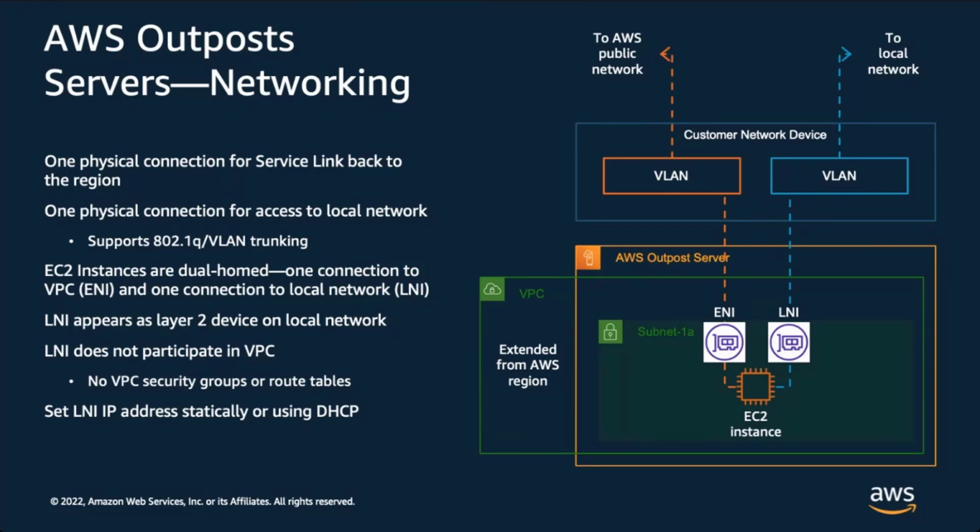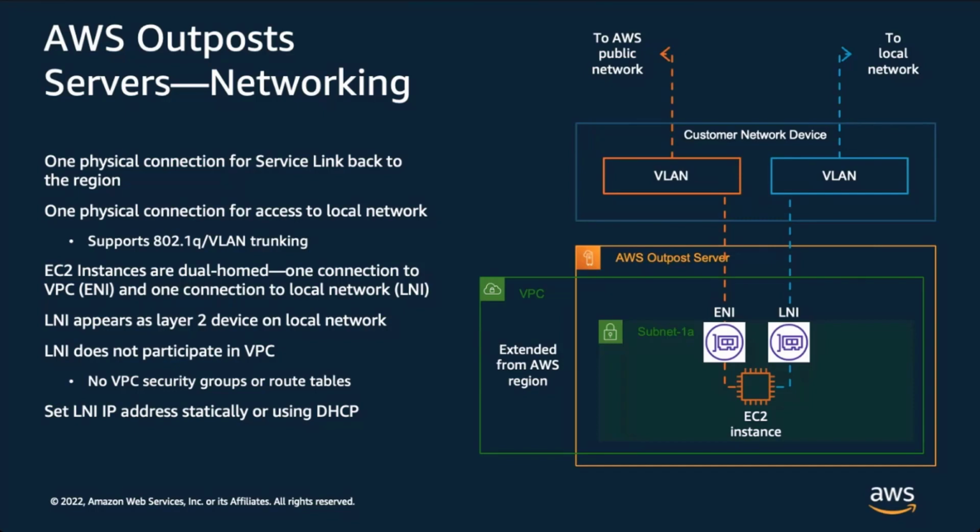Because it doesn't take part in VPC and is directly attached to your local network, you can't use things like the VPC route table, VPC DHCP, or security groups. Just think about this interface and any traffic going over it as another layer 2 device. The same way that you give out an IP or do firewalling for layer 2 devices on your network, that's how you would treat this interface on your EC2 instances.